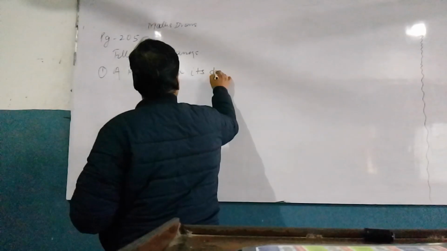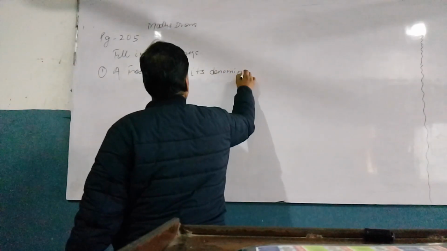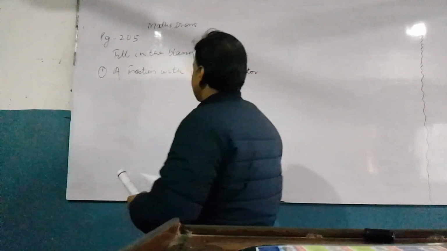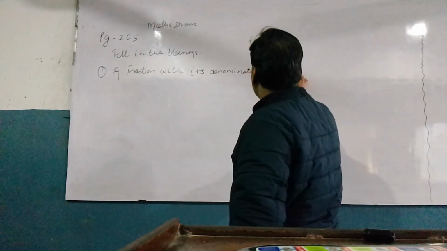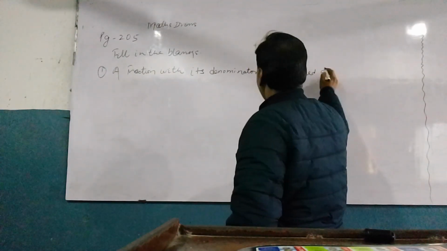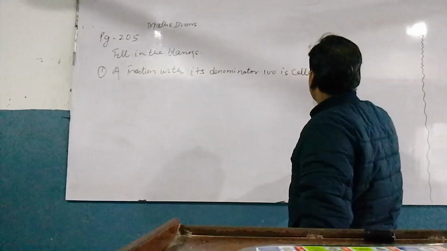Question number 1 is fill in the blanks. A dash with its denominator 100 is called a percent. Simple, it is a fraction. A fraction with its denominator 100 is called a percent.